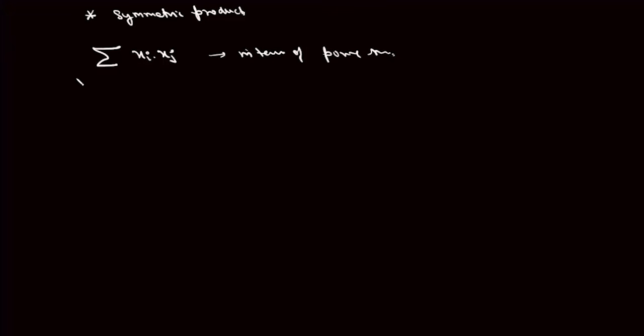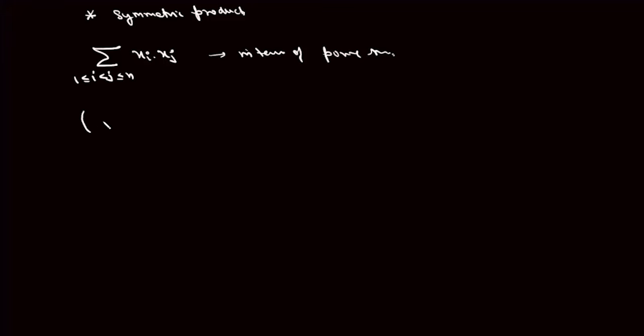Now one of the classic examples in double summations is symmetric products. So they'll ask you to evaluate this summation xi into xj, where i is less than j and is less than or equal to n but greater than or equal to 1.